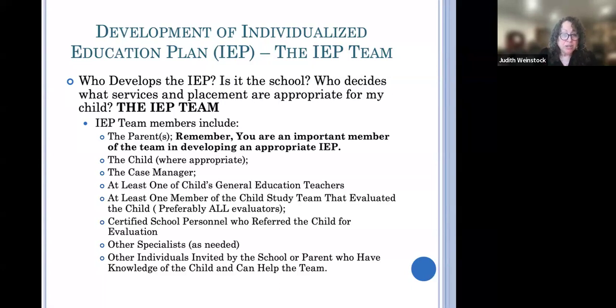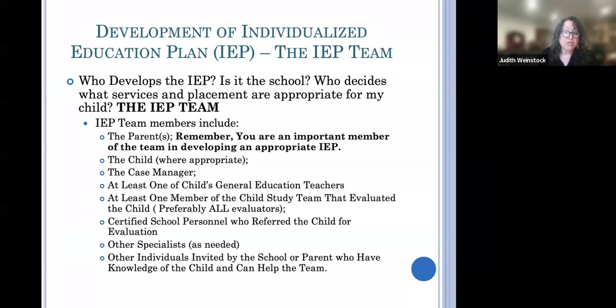The case manager, which will be assigned after a child's identified and classified, at least one of the child's general education teachers, if that's relevant, and at least one member of the child study team that evaluated the child. So when they conduct all their evaluations, there'll be someone there that already had evaluated and knows your child.